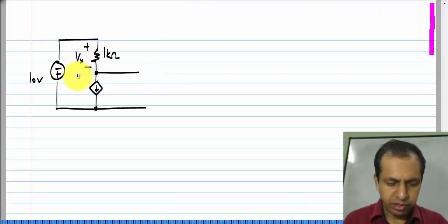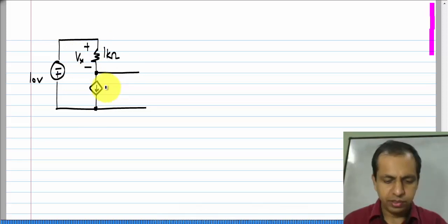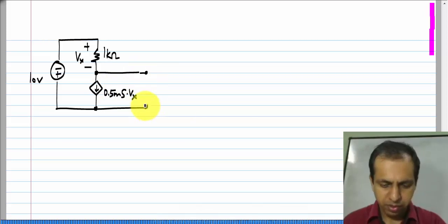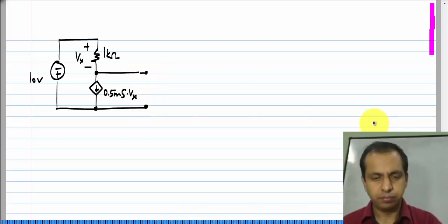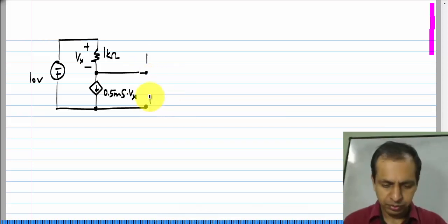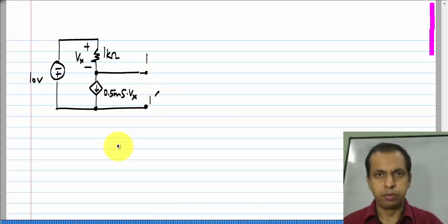I will define V x like this, and this voltage controlled current source happens to be 0.5 millisiemens times V x, as 1 and 1 prime.